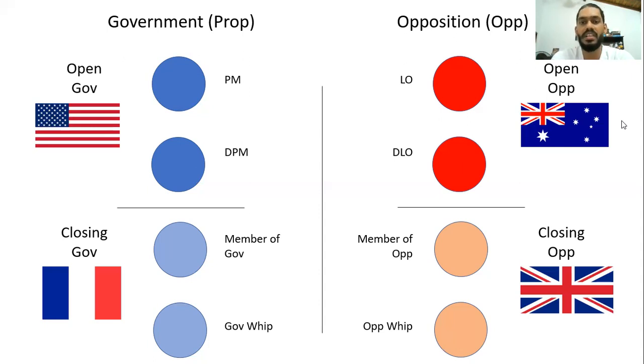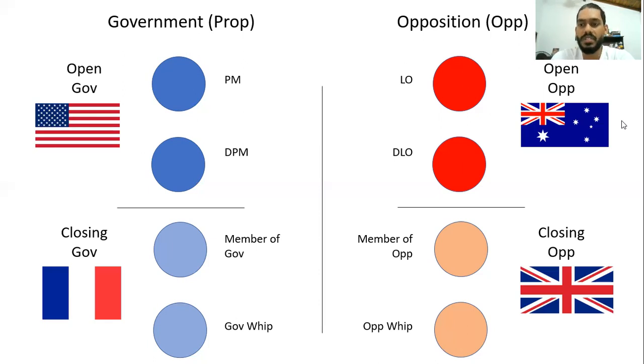Because if he misses something, that will be handled by the closing opposition people, and that point will go to them for addressing that particular argument. Okay, hope you understood that part. Then they also can come up with two constructive arguments.